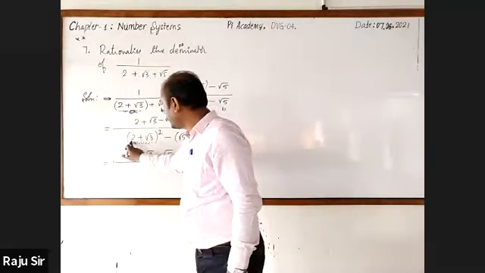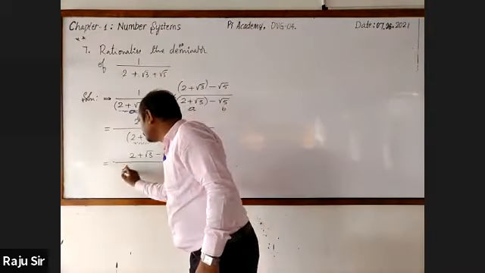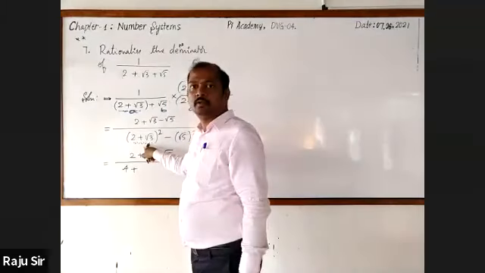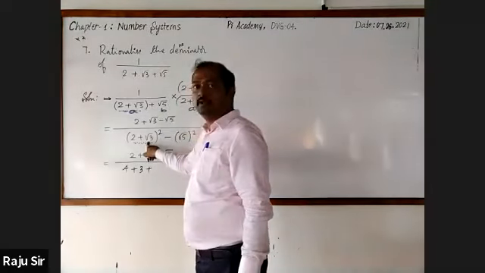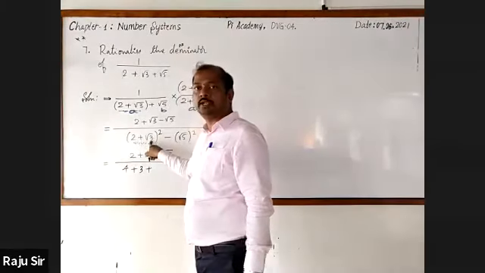A plus B whole square. A square, that is 2 square. 2 square is 4. Plus B square, root 3 whole square. That is 3, plus 2AB. 2 into root 3.